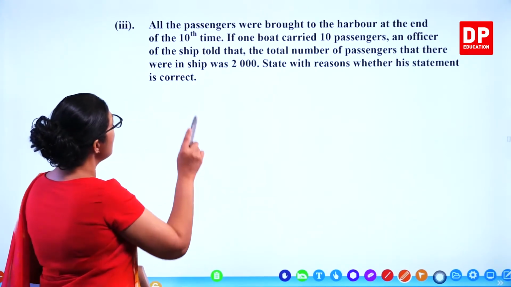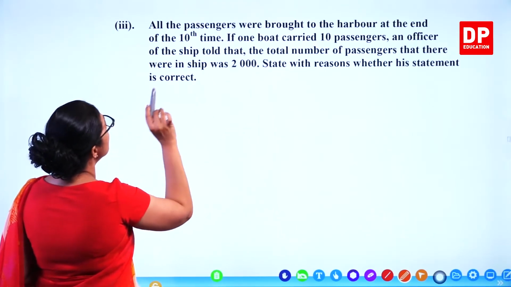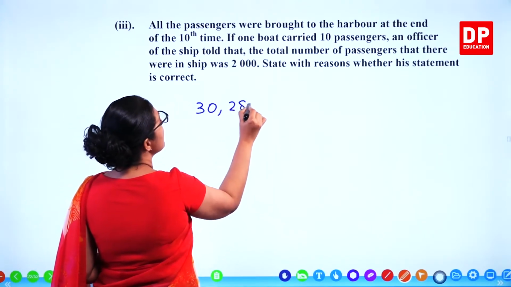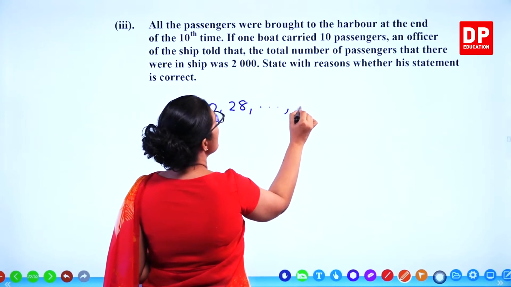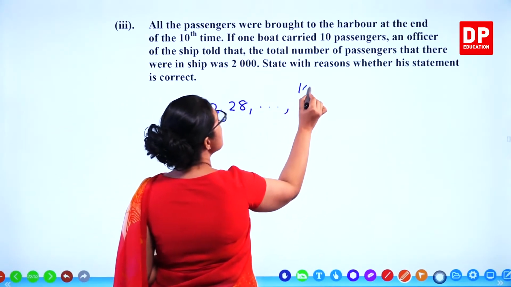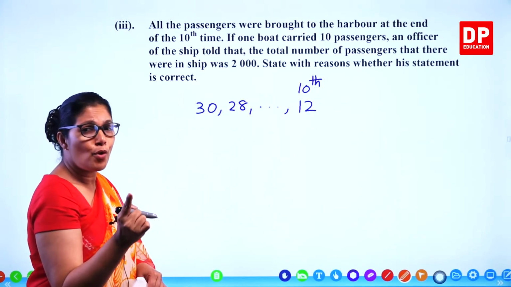So now see, we have to find out. The last one is the 10th one. So 30, 28 like that. Last term is 12. That's the 10th term. So altogether 10 terms are there. So we have to find out first total number of boats used.